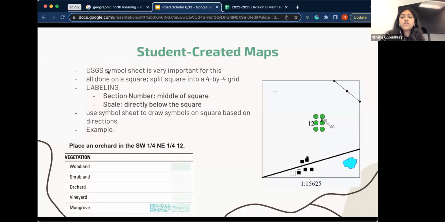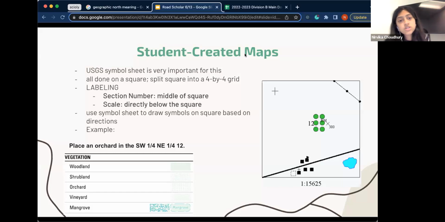The same way there's a 12 in the center of this map to show that this is the 12th section out of the 36 sections in the public land survey system. This drawing should have indicated the township and range, but they didn't. Notice how the scale is on the bottom. That's these student created maps. They'll give you map instructions, and you're going to have to draw a map based on those instructions.